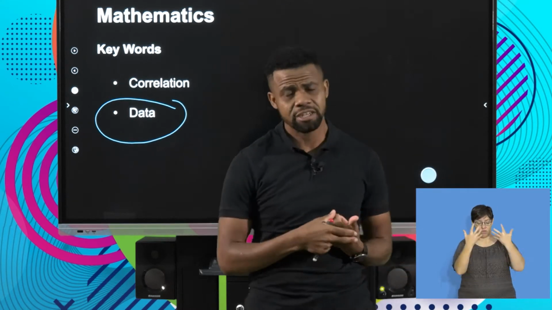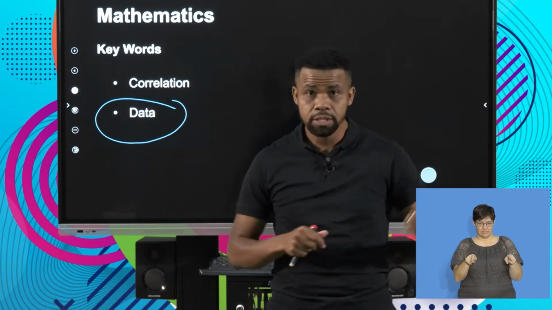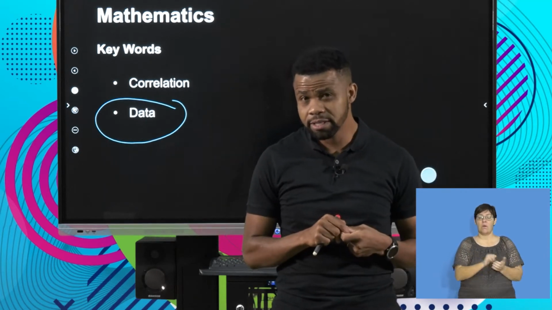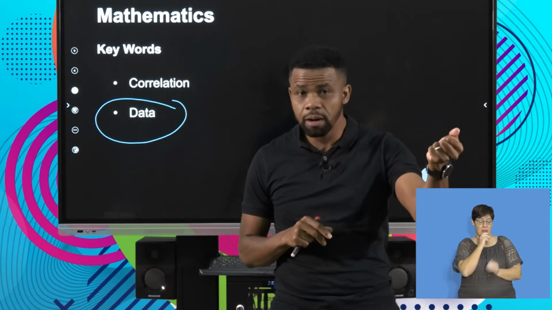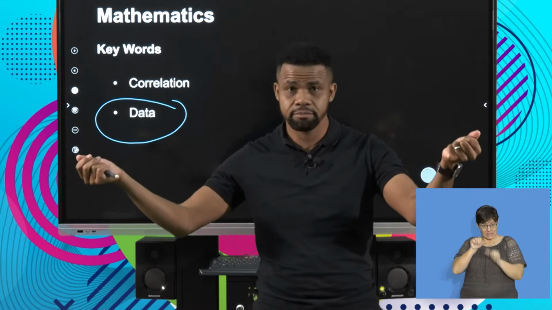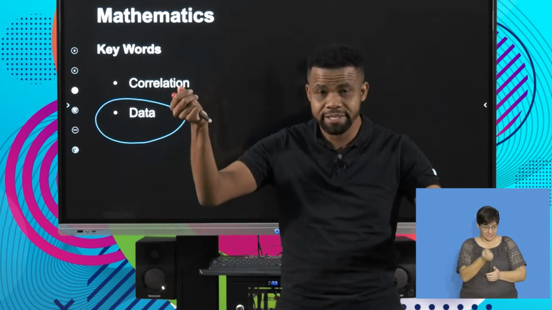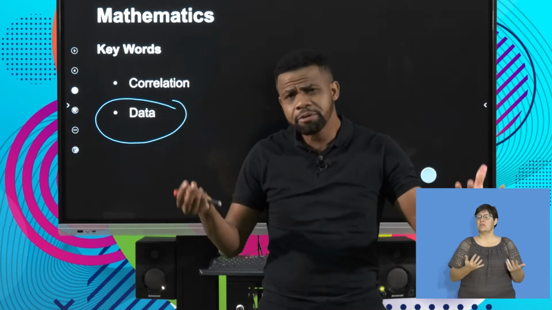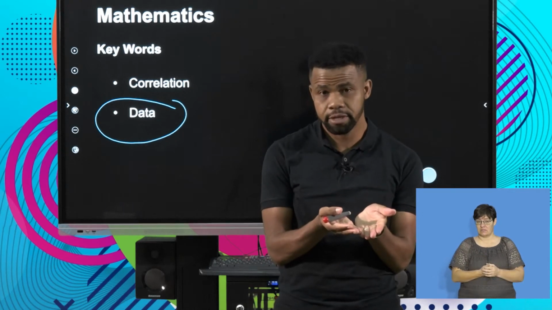But correlation talks about 2 variables. I can talk about your maths marks and science marks. Does it mean if I get a good maths mark, I'll do well in science? Do those 2 things move together? Does that make sense? Another way to think of correlation is the petrol price.